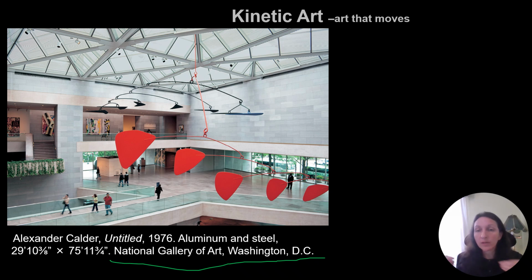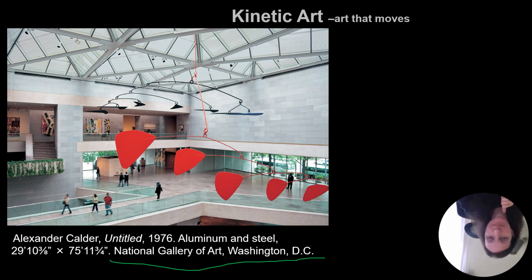So more people in there moving, breathing, talking, etc., is going to create just enough air currents for this object to ever so slightly move and change shape. It's very hypnotic. It's not moving very fast, but it's just enough where it's changing visually. It's very meditative to watch. So that's an example of kinetic art.